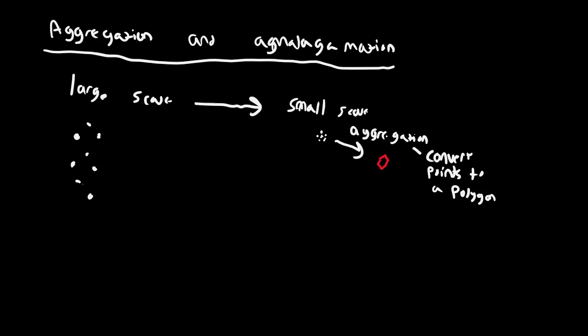So that's aggregation. Now let's imagine we have a similar issue at a large scale where instead of points, we have, say, maybe two islands. And these islands at a large scale have a very small body of water between them.